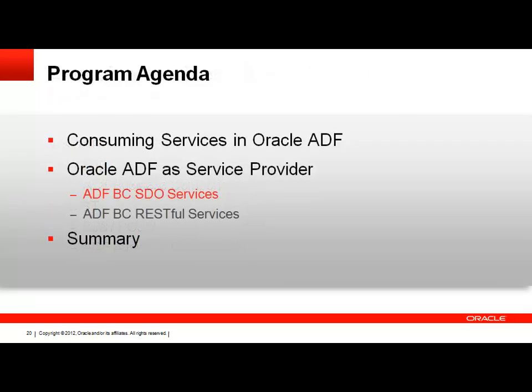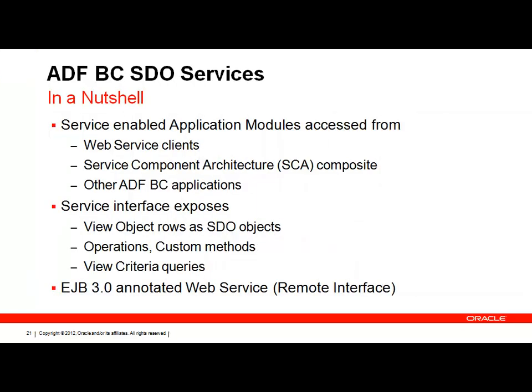So let's have a look at ADF business components SDO services first. In a nutshell, what you do is you declaratively enable application modules to be accessed from web service clients, from SOA, like BPM or BPEL processors, or from other ADF business components applications, and that you create entities based on ADF business components SDO services.